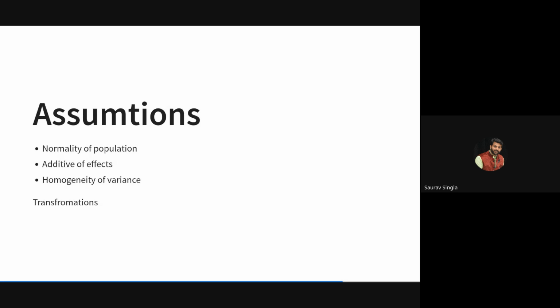Similarly, the second treatment is coming from a second normal distribution with mean equal to the treatment mean of the second treatment. Then third treatment also, fourth treatment, up to all the treatments, it is in this manner.